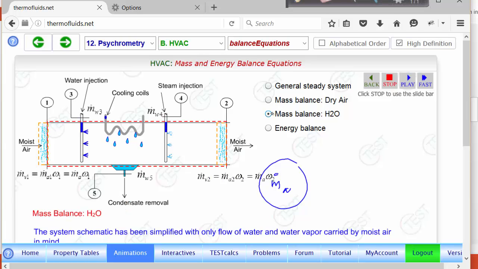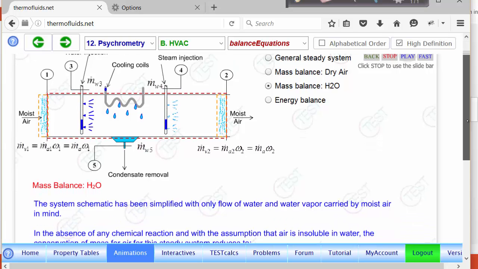Okay, now if you go to the water vapor, what can we say? If you want to see the water vapor, H2O flow, notice that you have to think of how much H2O is entering. We know the vapor that is entering is given by m dot a times omega 1. Omega is the ratio of vapor to dry air, right?